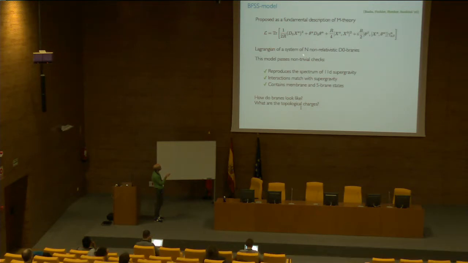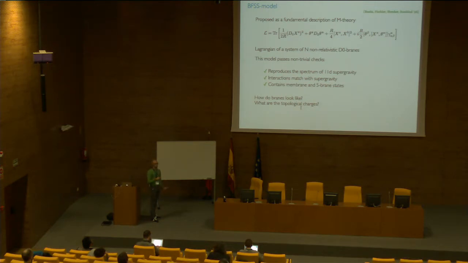This N we will take to infinity in the end. This model passes some non-trivial checks. Quantizing it, you reproduce the spectrum of 11-dimensional supergravity. And you can compute interactions. Interactions appear only at loop level, but you can see that they coincide with the supergravity interactions. And you can construct membranes and 5-brane states. So this really looks like M theory.